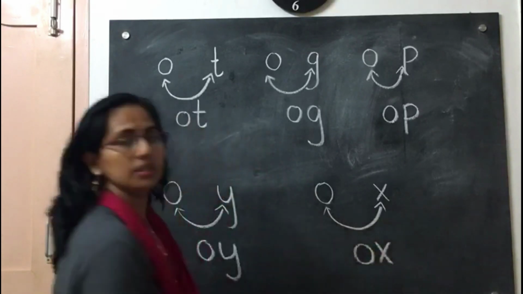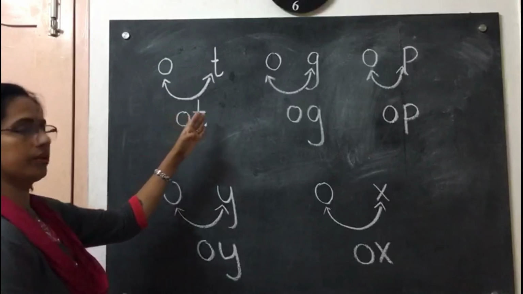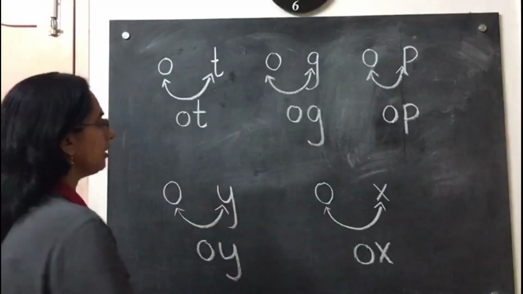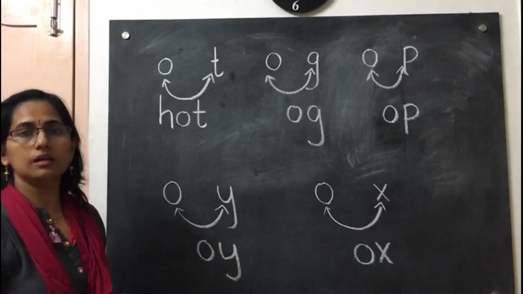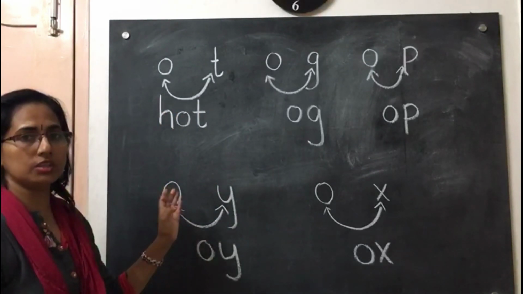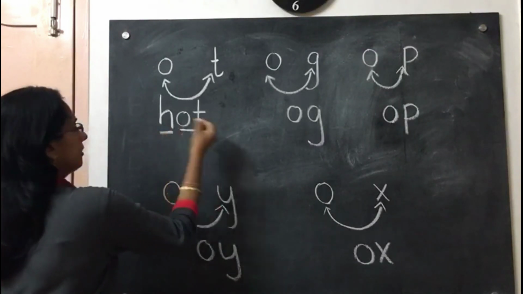Now let me join a consonant along with this. Now here we have ot. I'm going to join letter H. Letter H. The sound of H is H. Ot, hot.